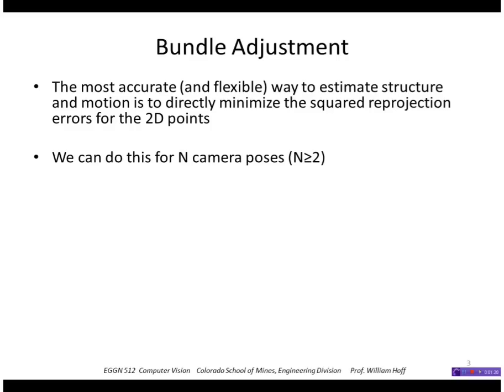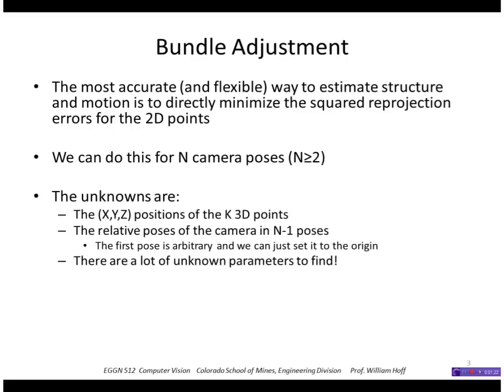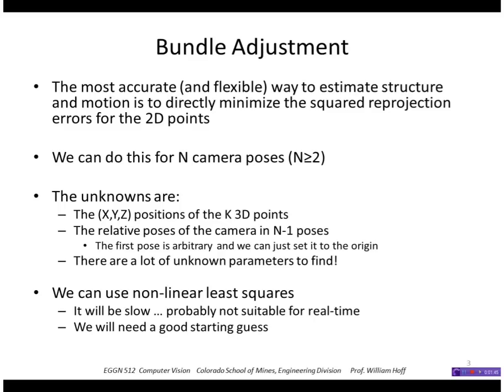We can do this for more than 2 poses though. The unknowns then, of course, are the 3D positions of the points and the relative poses of the cameras. With 6 degrees of freedom for the poses, we have n minus 1 times 6. And if we have k 3D points, that's 3 times k values that we need to estimate.